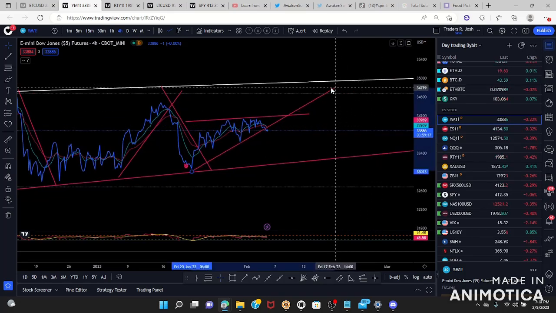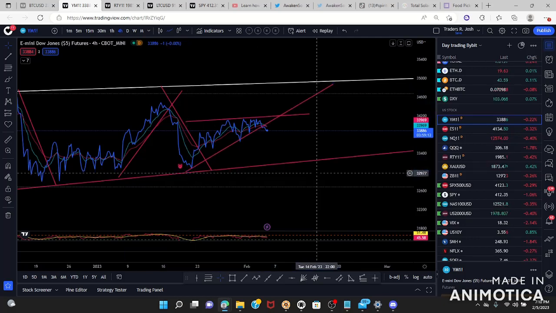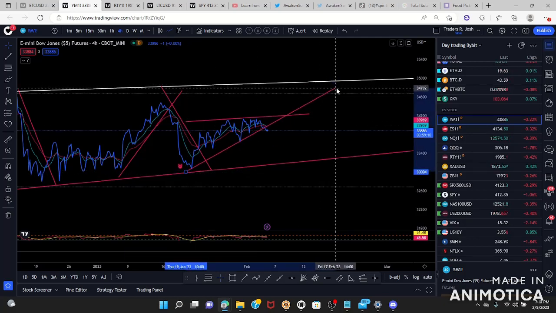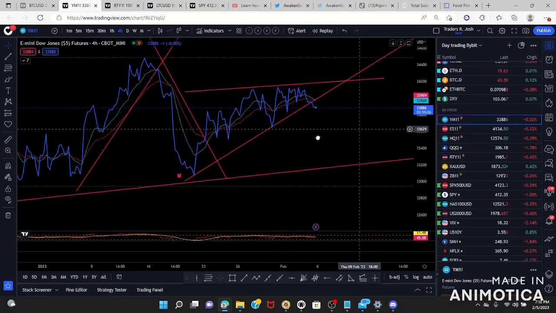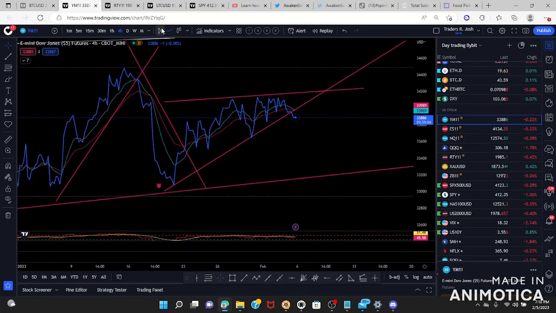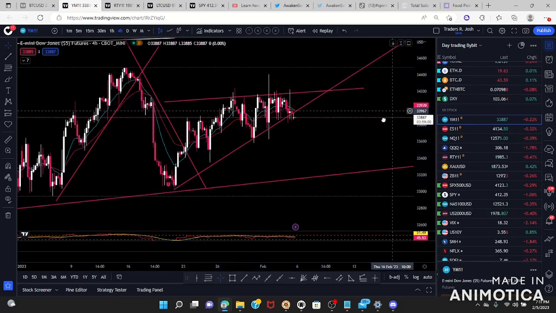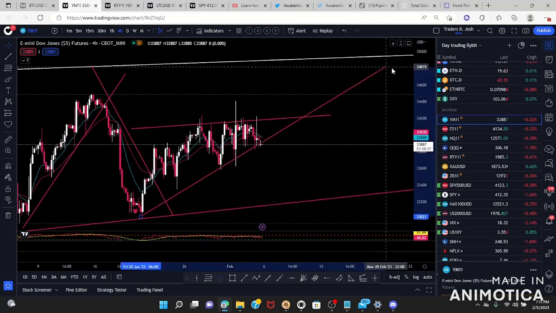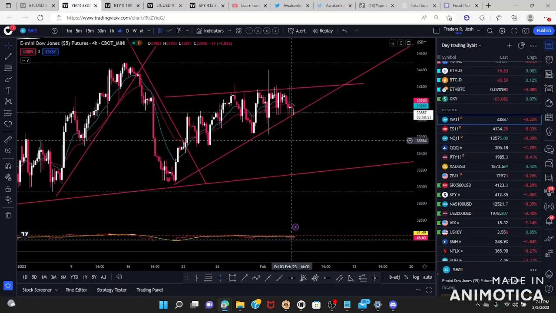Oh, now that I look at this, look at that in the 4 hour. Technically, it already crossed. See how, okay, this is a perfect example. Turn on your wicks. If you connect from wick to wick, this is the wick, and this is the next wick, it has not crossed.